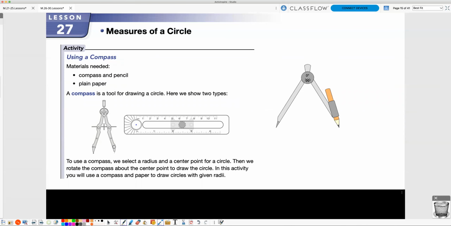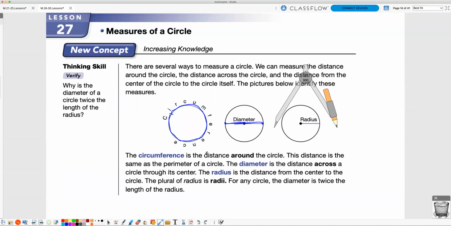So here's my compass. If I was going to make a circle, let's say my circle has, for example, just 1 inch. If I want a 1 inch radius for a circle, that means the distance would have to be from here to here for the radius. And if you don't remember what a radius is, that's this.